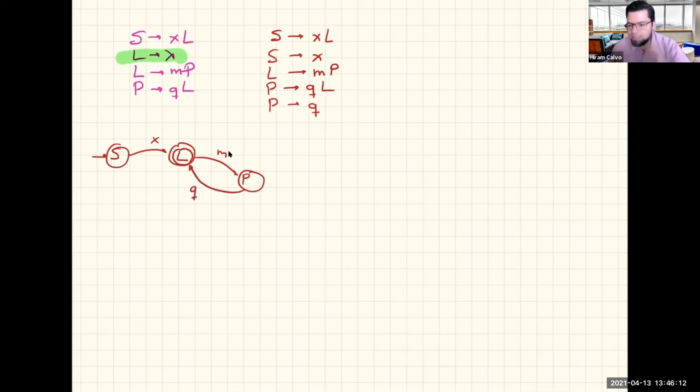Is it correct? Yes, it is. Okay. Now, try to obtain the DFA from the second one, and it should be the same. Please try with the method you already know.